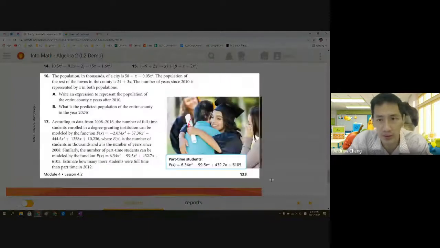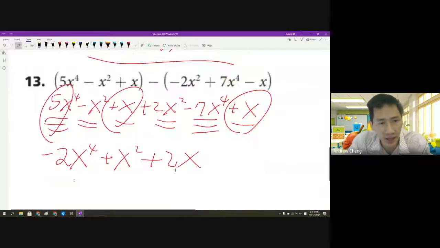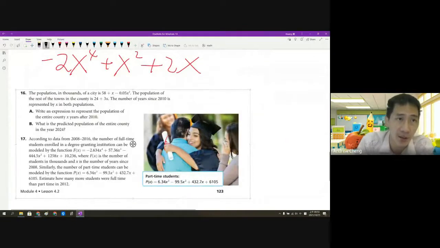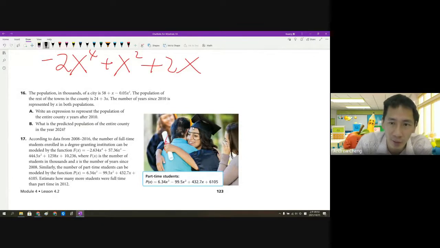Let's do 17, right? I know a lot of you, including me, when I see something like this, a long paragraph, I just skip it. All right, I'm lazy to read. But hey, you will go to some other country to study, right?